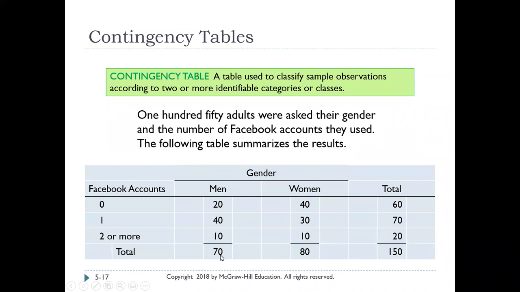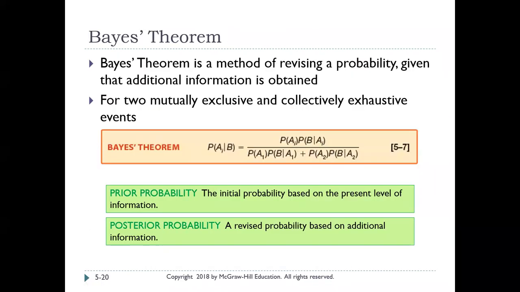So now we have both of these probabilities and we can plug these in. The probability here is going to be 70 out of 150 for the probability of A times 20 out of 70.